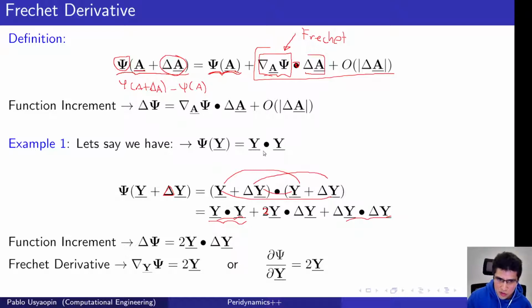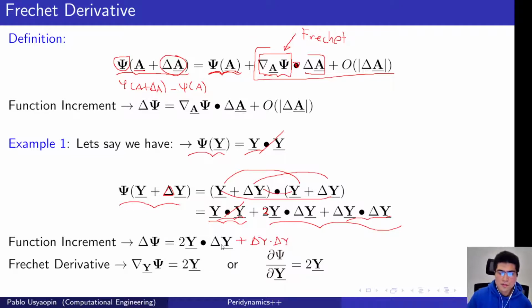So you can see here how you can compute the function increment. You get this part minus this part here, y dot y minus y dot y, because these are both the same, they cancel, and then you are left only with this other part here, 2y dot delta y plus some increment times increment.